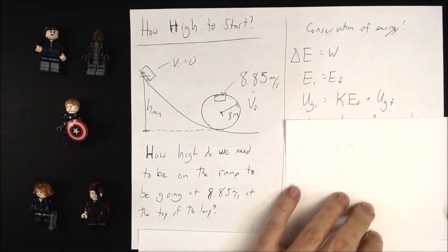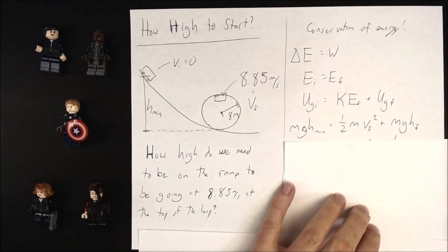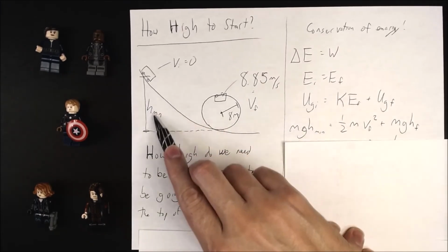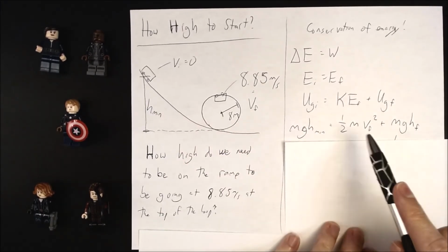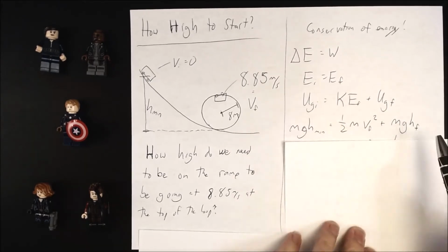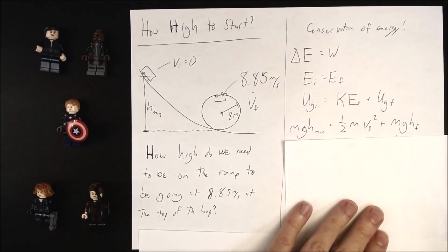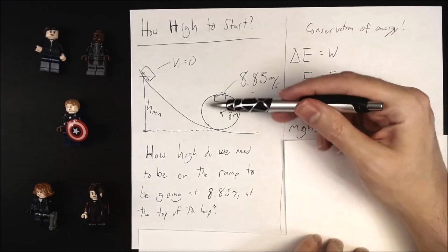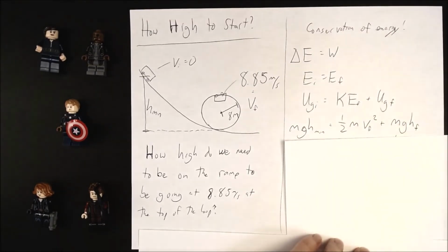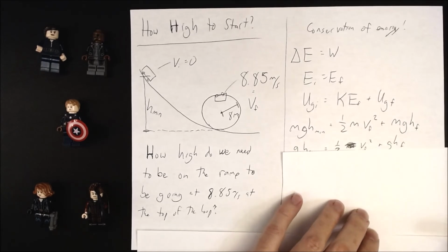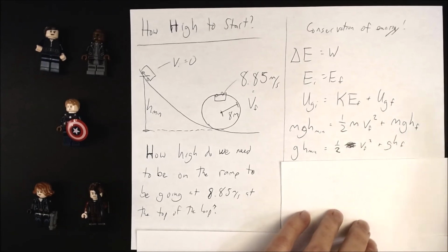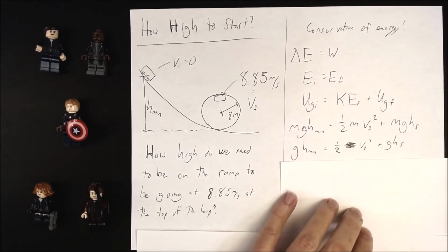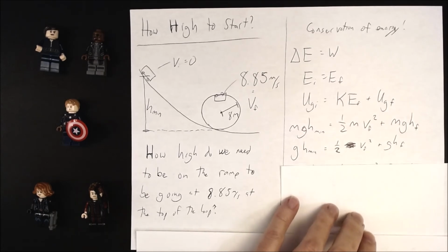We can then plug in equations. mg times h min is equal to 1/2 m v final squared plus mg h final. What is h final? 16 meters. We can cancel out the m's, and then we can plug in the numbers.